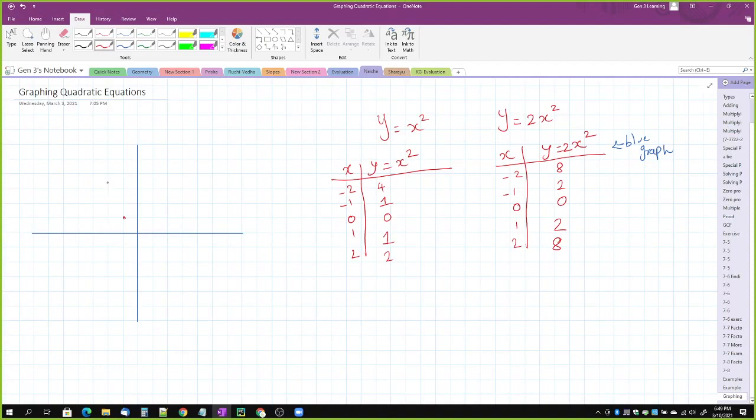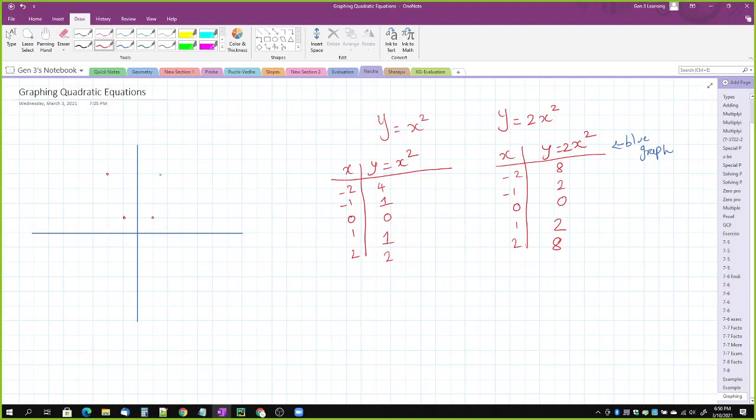So it's 2, 3, 4. And when x is 1, y is 1. So you see that the points will be following exactly on the other side. It will be looking similar on the left and the right side of the y-axis.